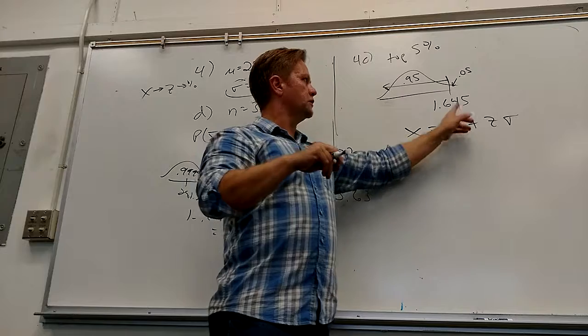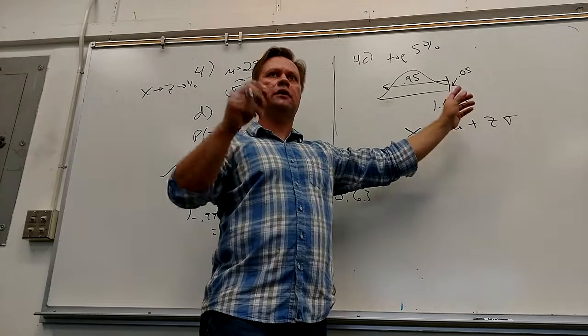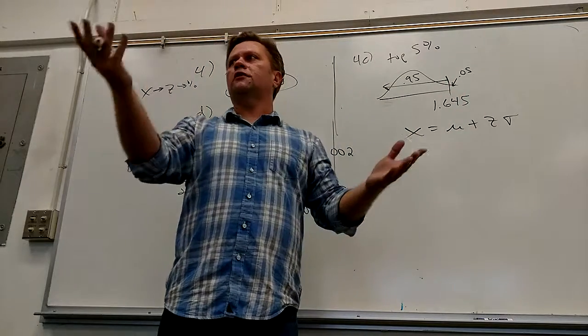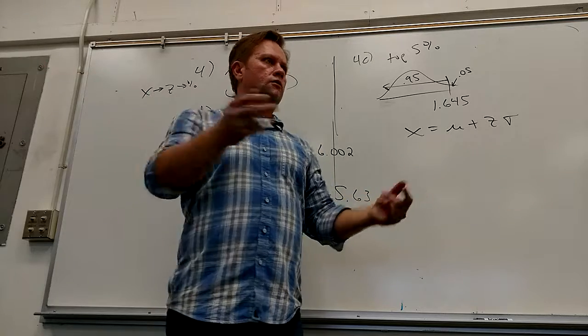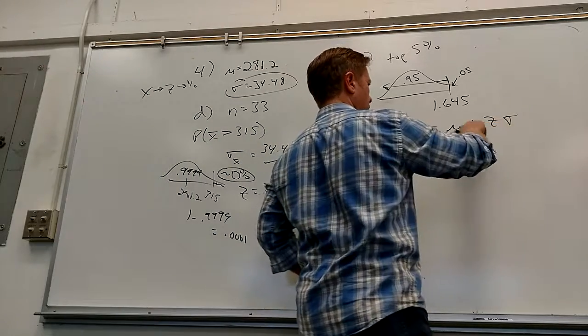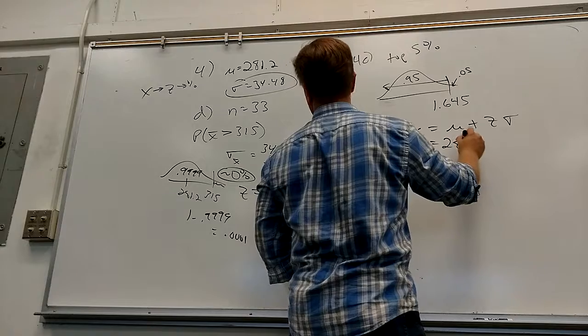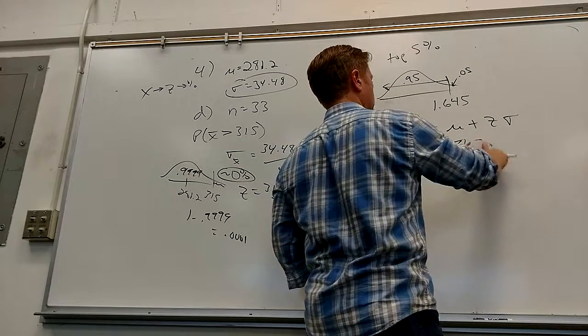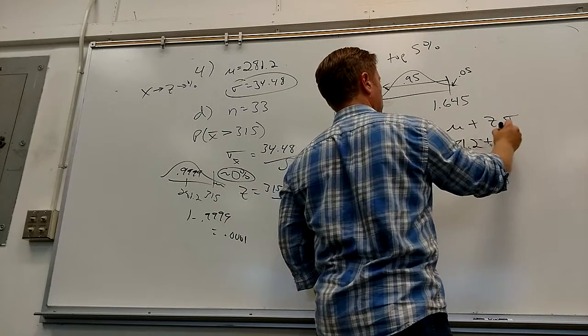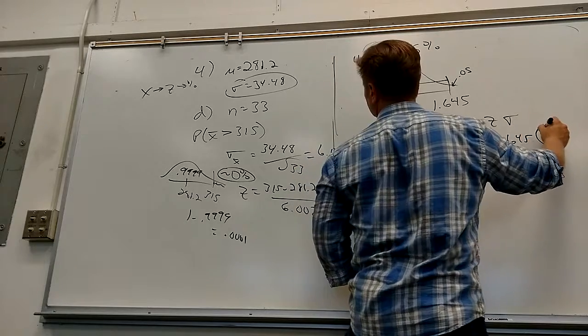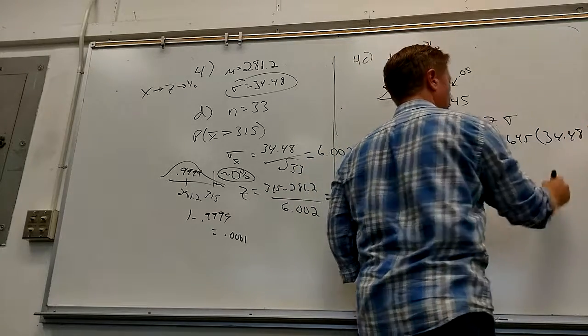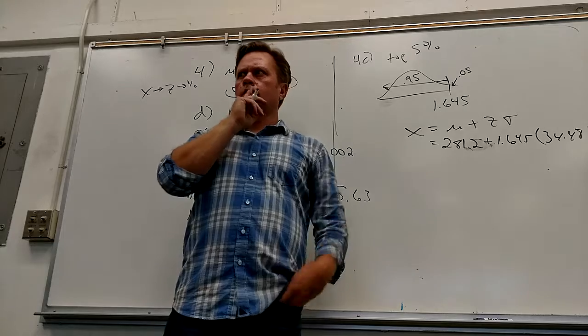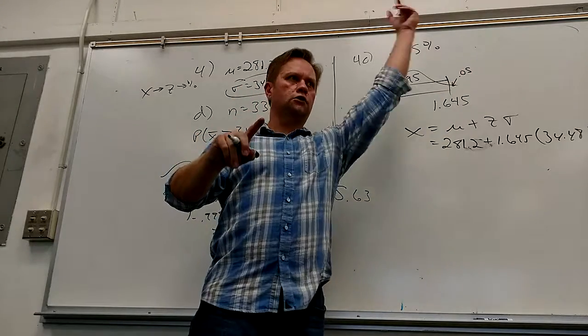If somebody scores this many steps above the mean, they will be in the top 5%. So I'm just figuring out what score that is. So, okay, that many steps above the mean. Well, the mean was 281.2 plus 1.645 times 34.48. Gotta get that far above the mean to get into the top 5%.